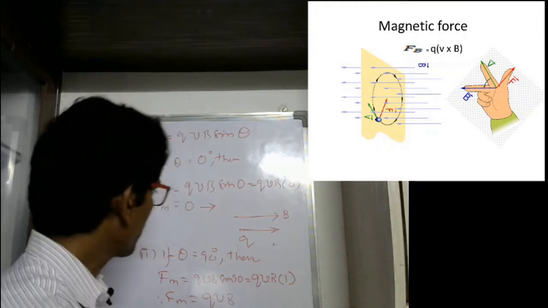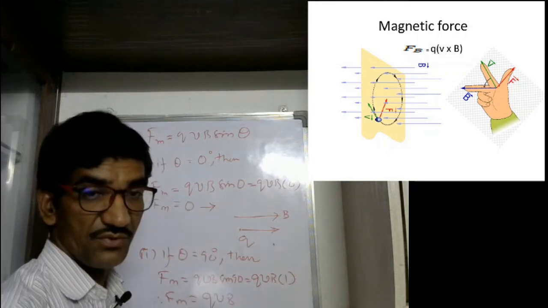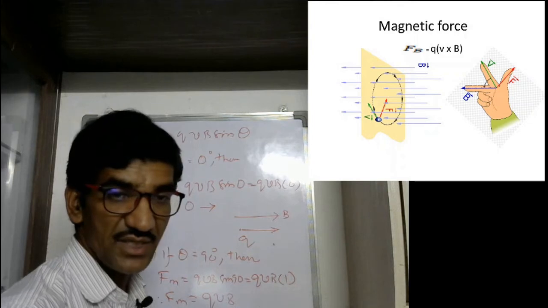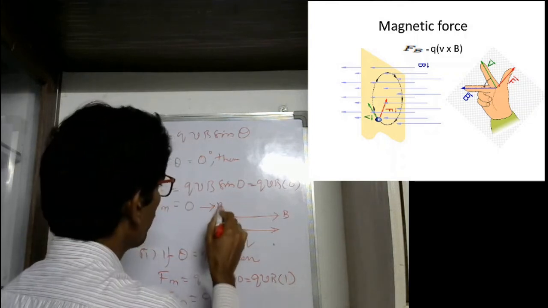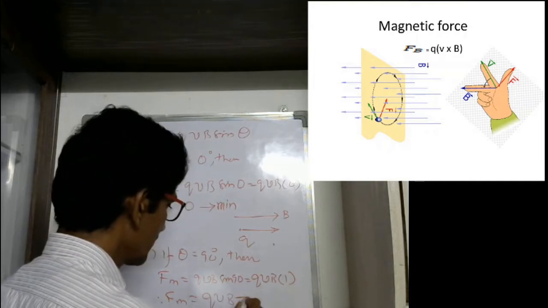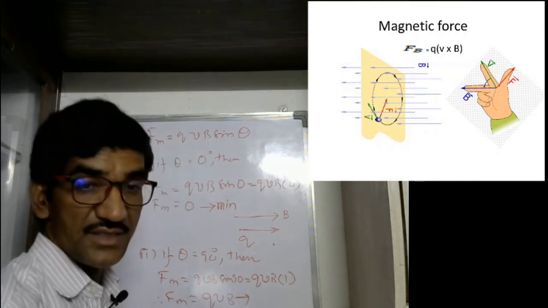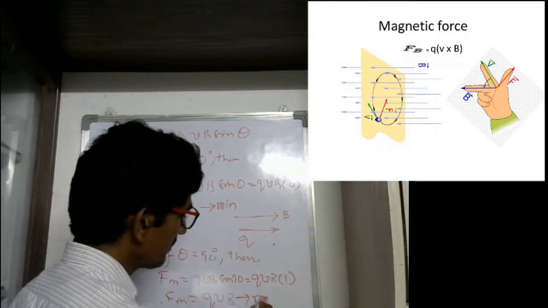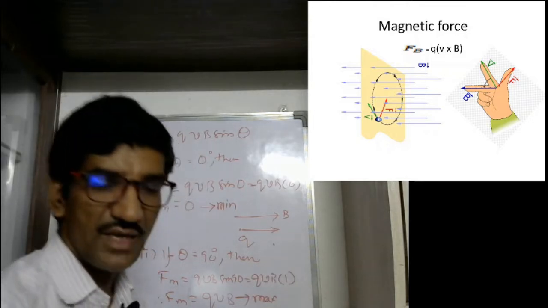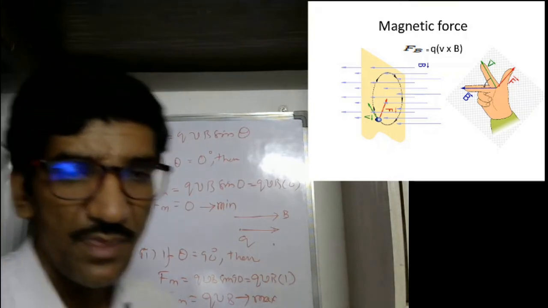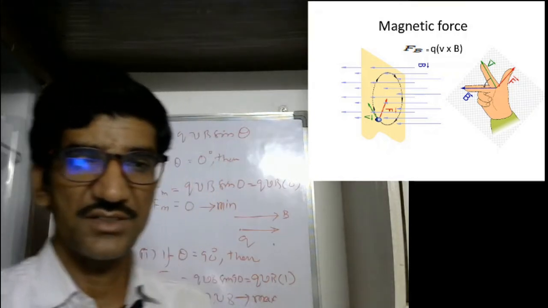Compare these two magnetic forces. When theta is equal to 0, you have minimum magnetic force. When theta is equal to 90, you have maximum magnetic force acting on the charge traveling with the velocity v.